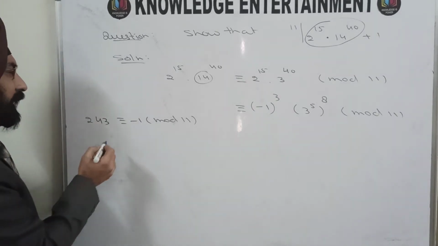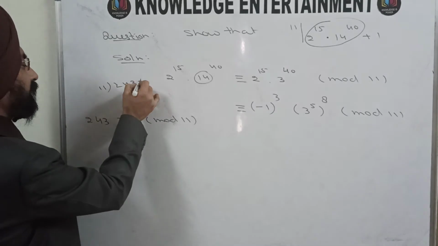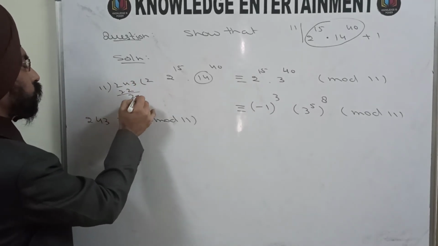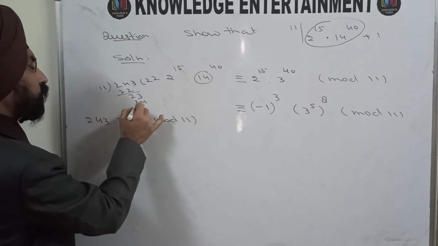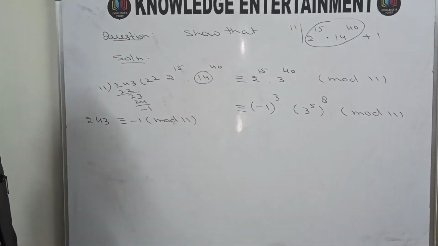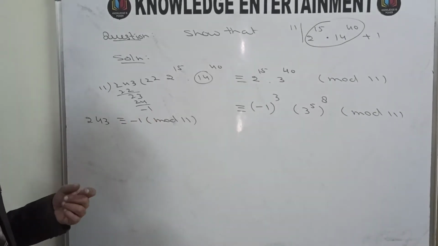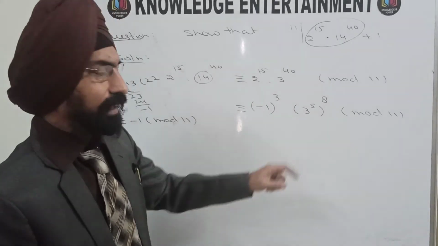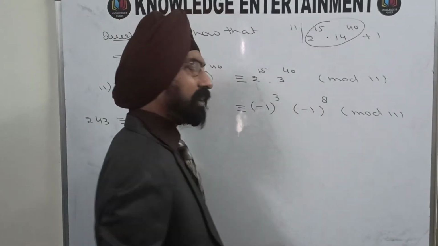And if you divide 243 by 11, it is 2, 22, 2, 3, and if you take 2 once again, 24, so minus 1 will be the remainder. I am taking a negative remainder, no problem. I can take a negative remainder in the case of congruence problems.